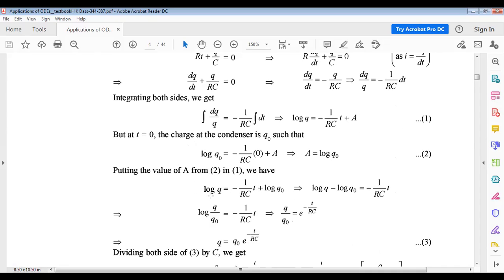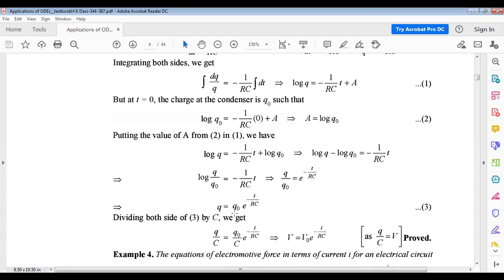So taking log to one side, the left hand side, log q divided by q naught equals to this one, and q divided by q naught equals to e to the power this. Okay, removing log we can write e to the power this, this whole will be the power on e. So q equals to q naught e to the power this.